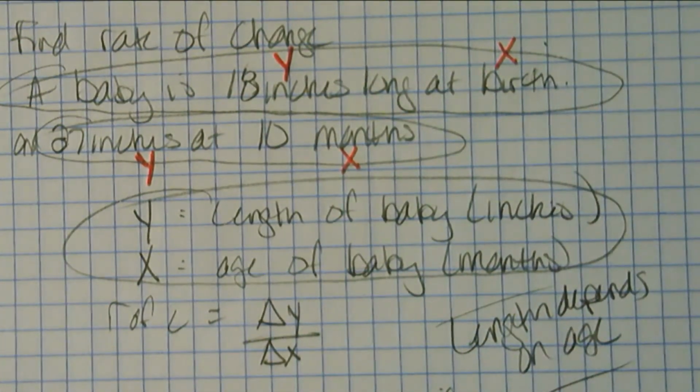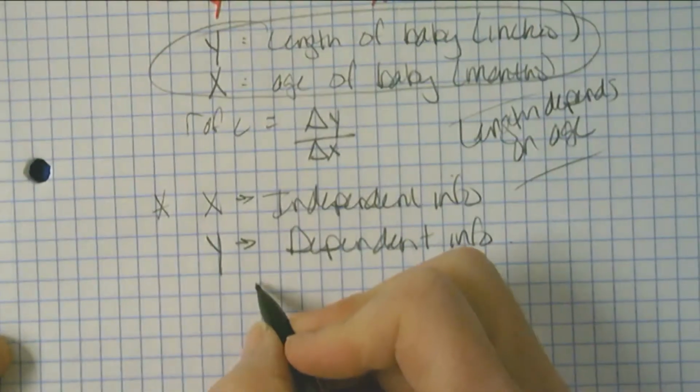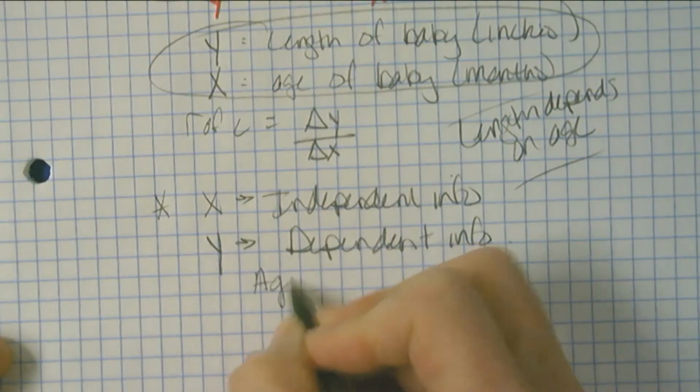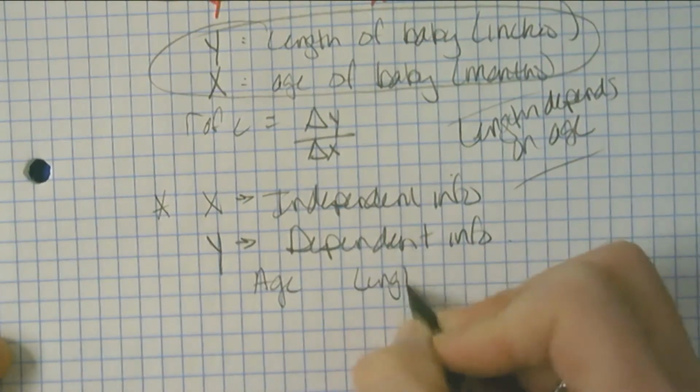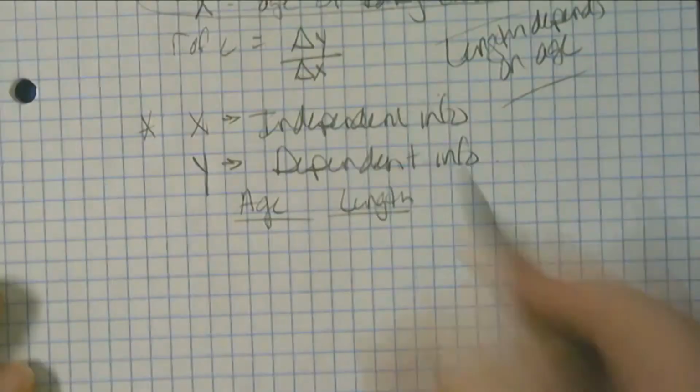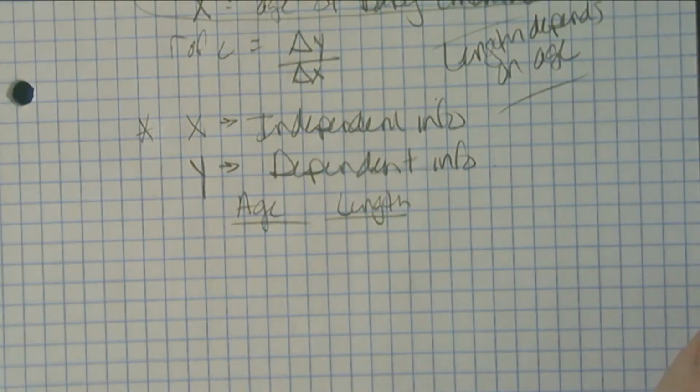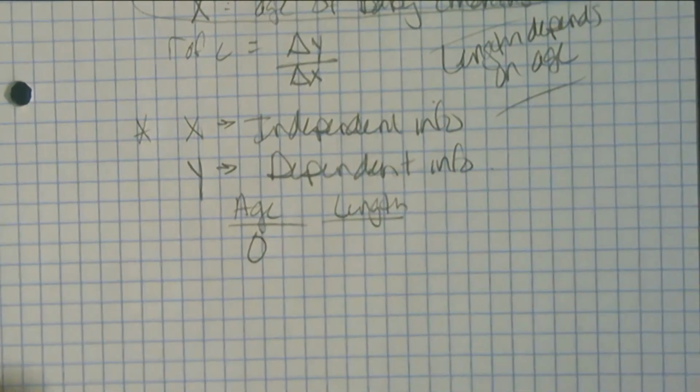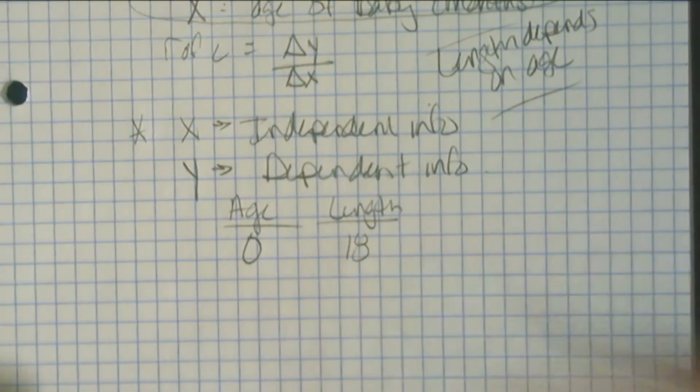How many of you guys see that? So I can come up with a table of values here. I can write age and I can write length. So at birth, how old are you, Colin? You're 0. So at 0 months, the baby is 18 inches.